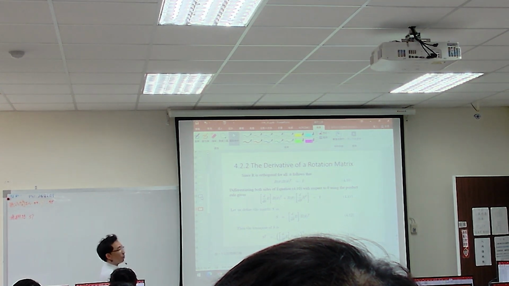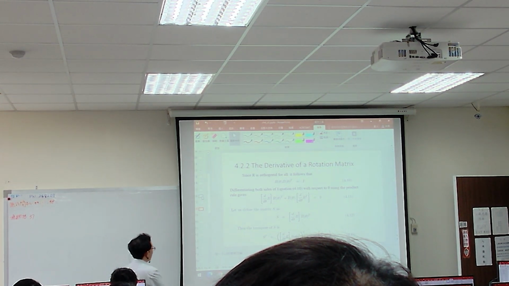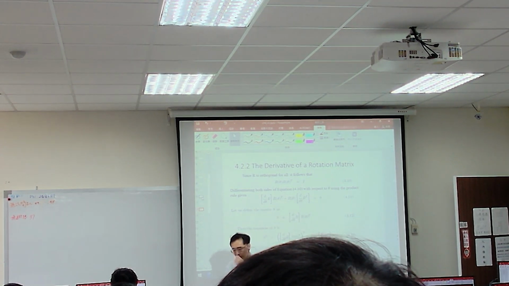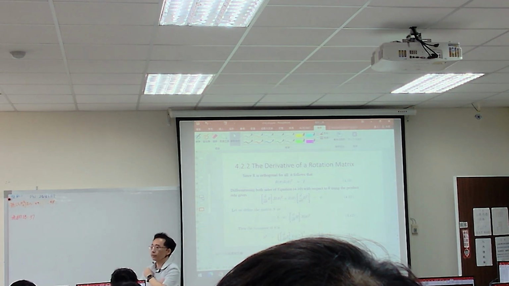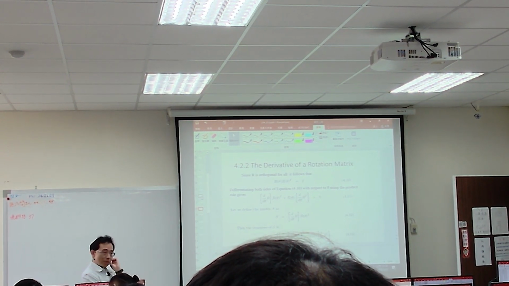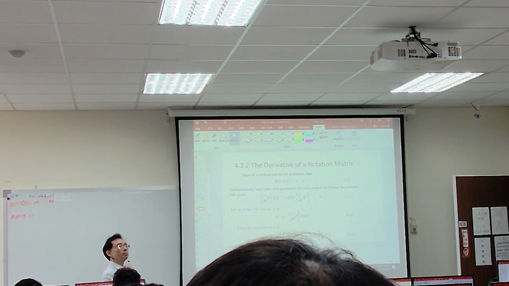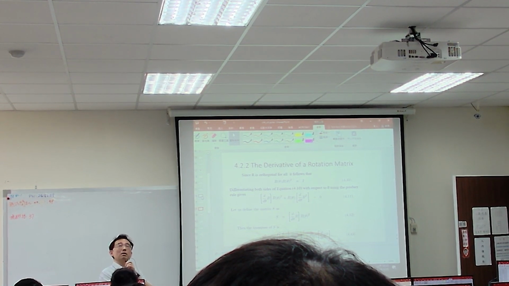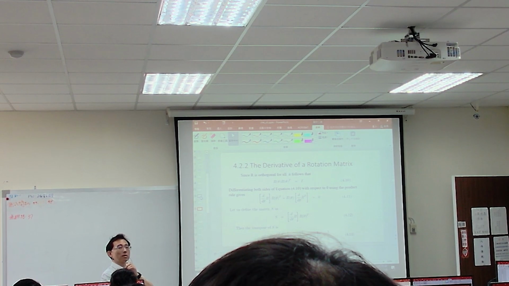So if you differentiate on both sides, then you will get this part. I think this is easy calculus for you. And the I matrix, because it is numerical, equals 0, because it's 1.